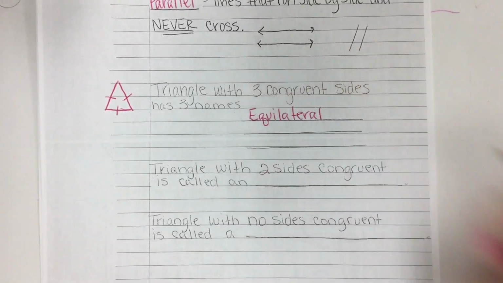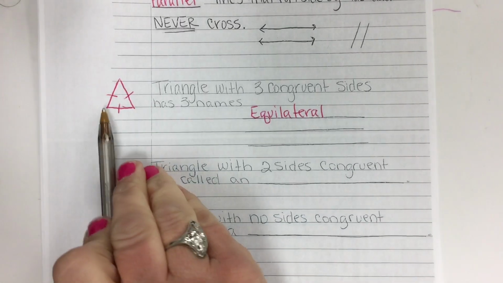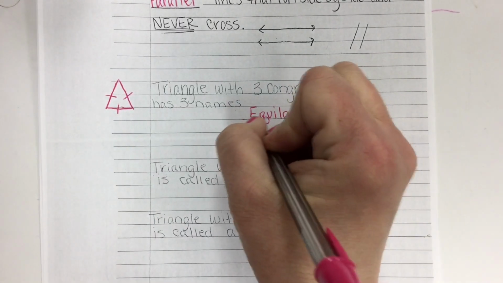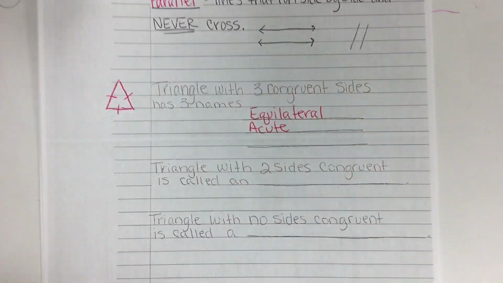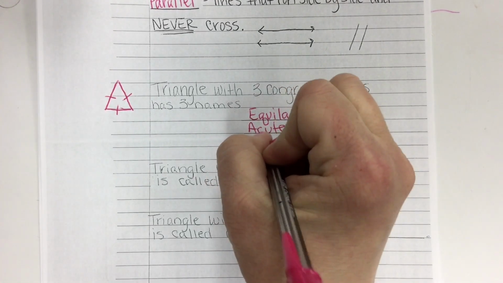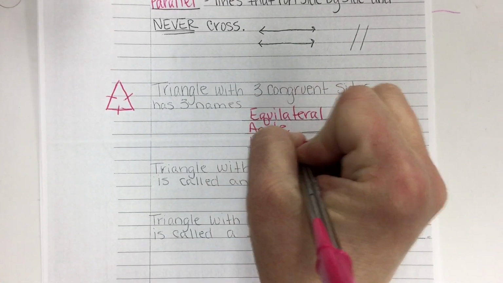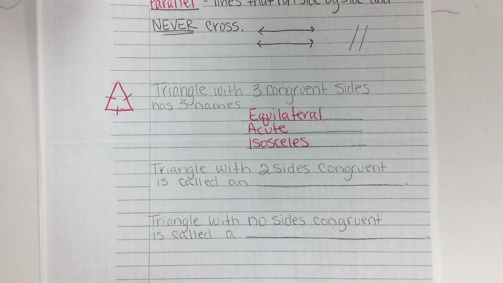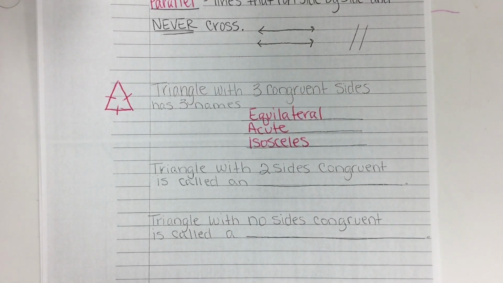And then we said that all equilaterals are also acute. And then yesterday in your notes, I had you write something else, and I said that if it's equilateral, it's acute, but it's also isosceles. It's equilateral, acute, and isosceles.